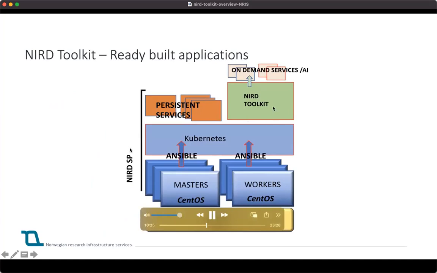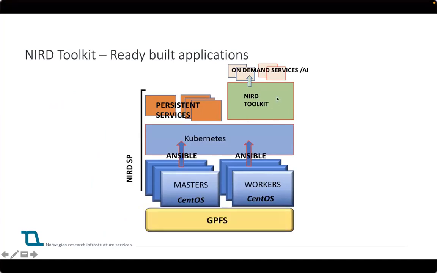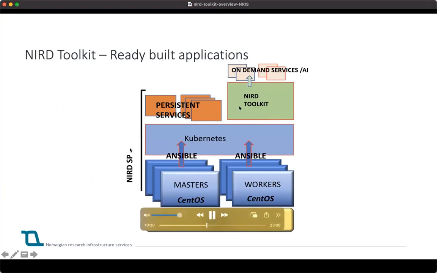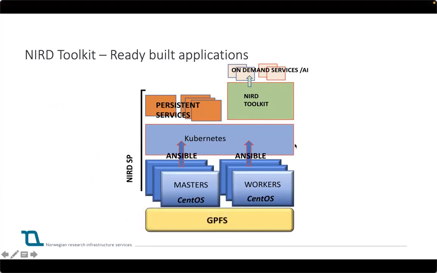So in our case, the NIRD Toolkit is one of the services that we provide on top of Kubernetes. Everything above the GPFS in this graphic is what we call the service platform. The GPFS is the storage file system that we have on NIRD.